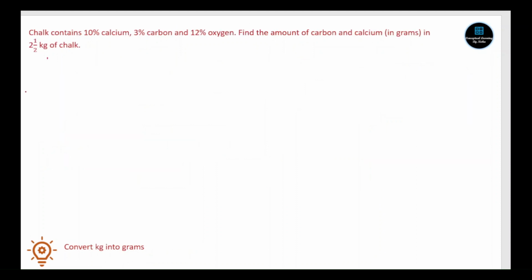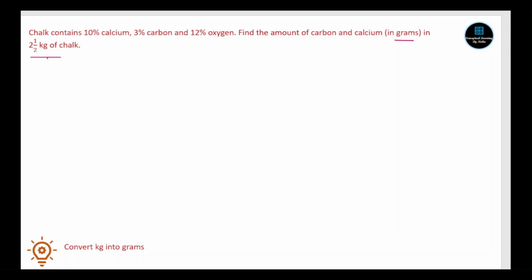Now, a chalk contains 10% calcium, 3% carbon, 12% oxygen. Find the amount of carbon and calcium in grams in 2.5 kg of chalk. See, they want the answer in grams.